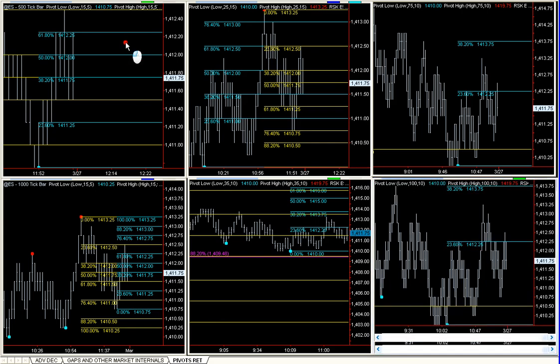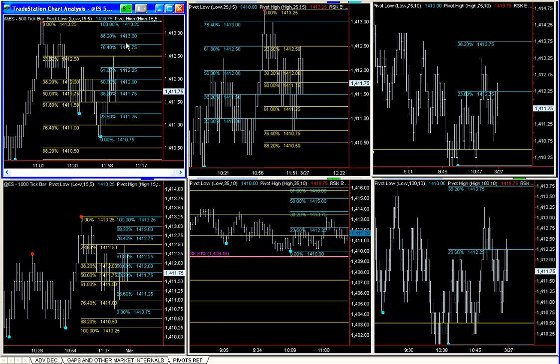So for example, let's just see about this. When it came to this retracement between this high and the low over here, our 61.8% retracement turned out to be at 1411.50. Market continued to move down, and it did not pivot off of any particular known Fibonacci number using this definition.